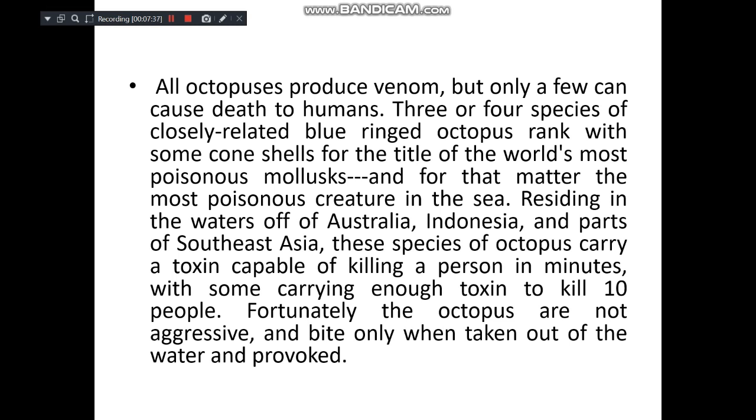But fortunately, the danger is very less because octopuses are not aggressive. In most of the cases, when they get disturbed, they bite, both in water as well as when they are provoked.